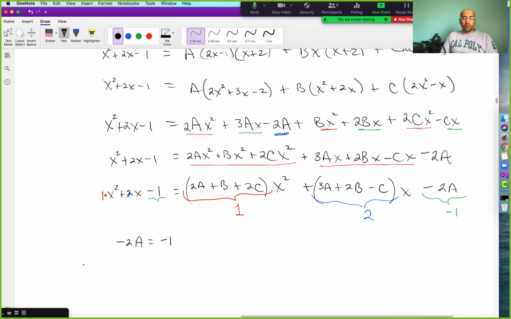We can conclude that 3a plus 2b minus c is equal to 2. And we can conclude that 2a plus b plus 2c is equal to +1. Any questions so far?